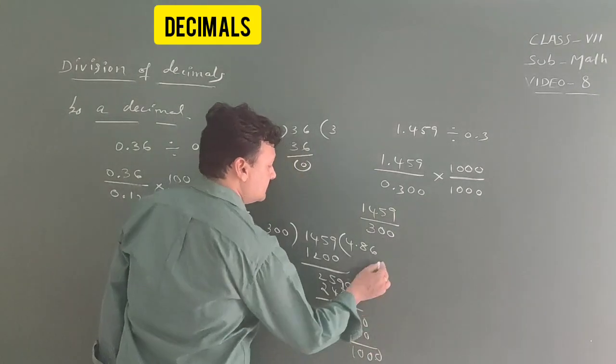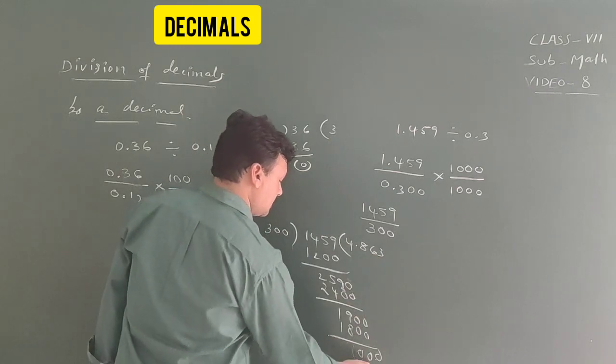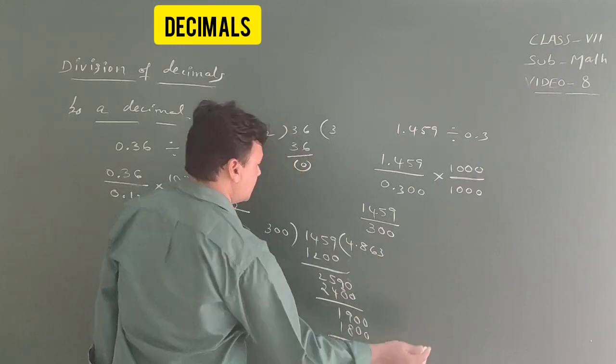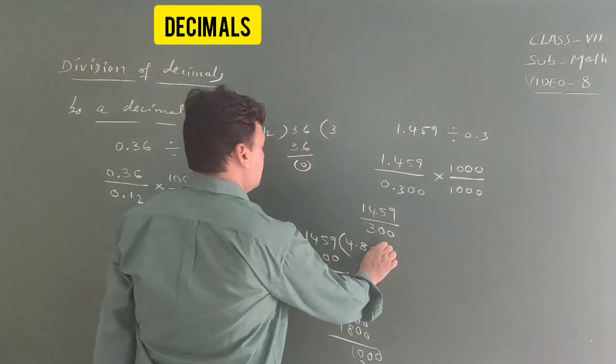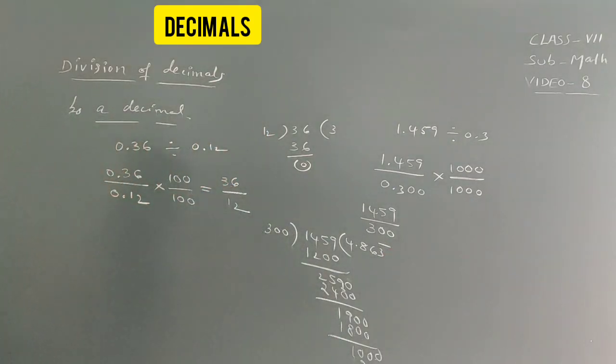Put another 0. 3 3s are 9, 900. It will come. So the required result is 4.8633 with a bar on the 3. Like that it will come. That's the bar.